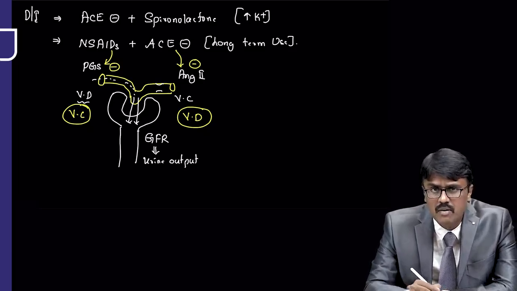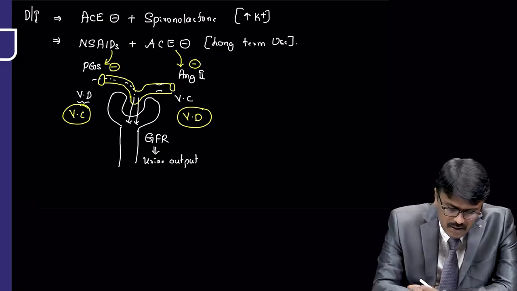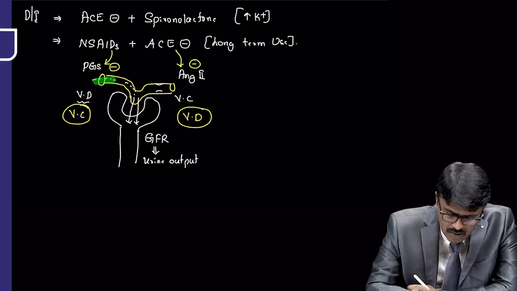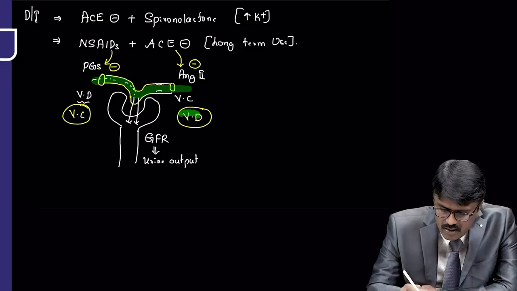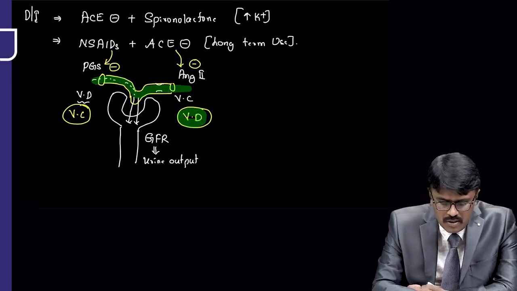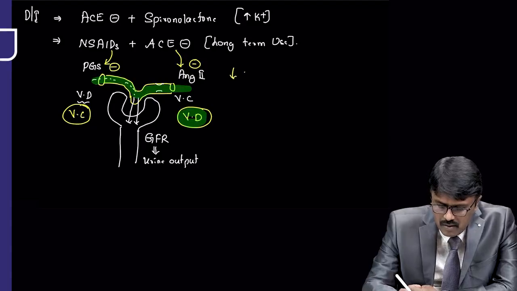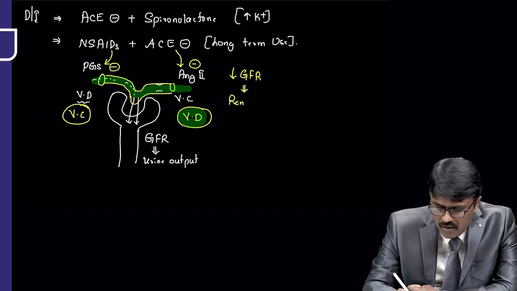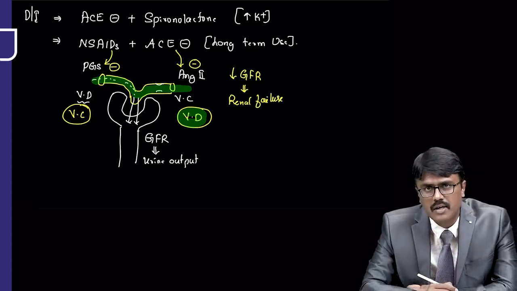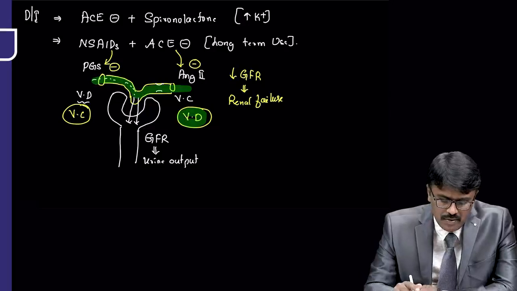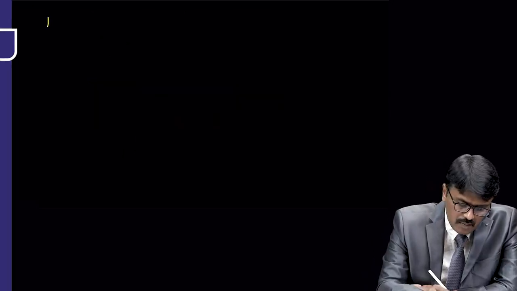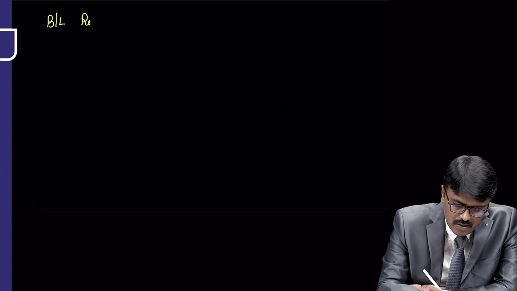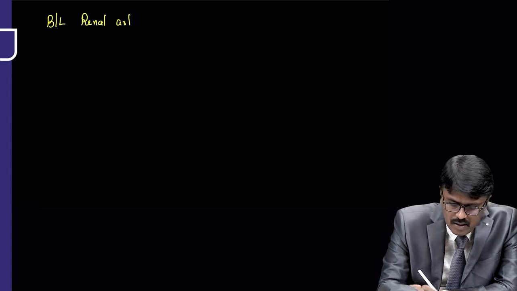The blood coming in will be less, and whatever blood is coming will get diverted towards the efferent arteriole because it is dilated. So when you use it for a very long period, it will decrease the GFR, and in the long run it can lead to renal failure. So the long term use of this is absolutely contraindicated. The same phenomenon works in bilateral renal artery stenosis, which is why ACE inhibitors are contraindicated.